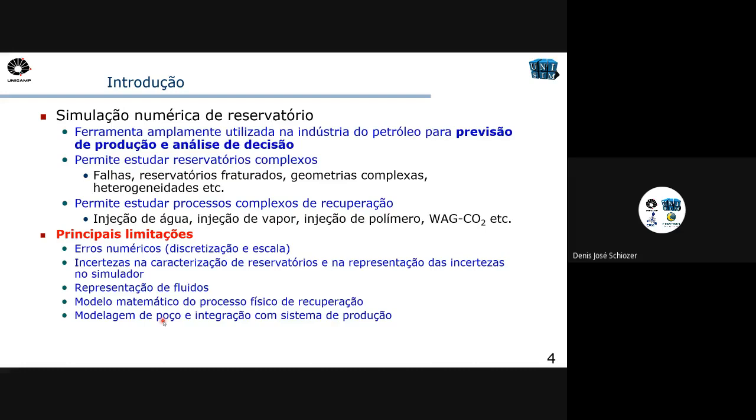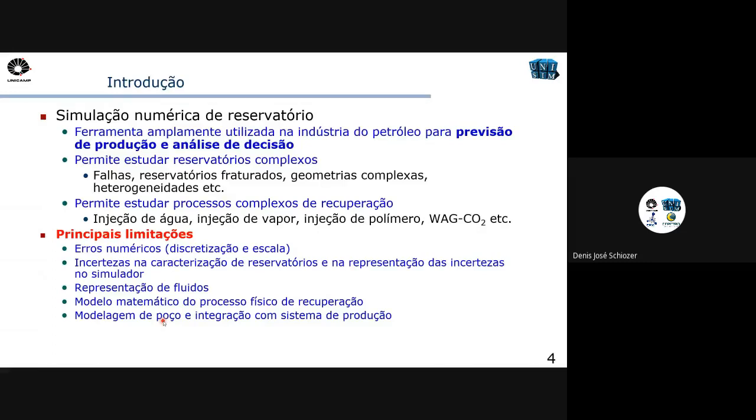Sometimes the models are very different from reality. For example, the real reservoir is a porous medium, which has the dimension of micropores here. But the simulation models sometimes have blocks, numerical solution, that are hundreds of meters.